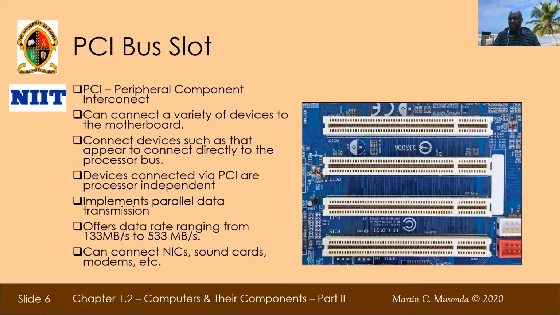So you find that you can have a wide range of CPUs of different speeds, different architectures, but as long as they have these PCI bus slots, you are able to connect devices to them without thinking about what kind of processor is on that motherboard.